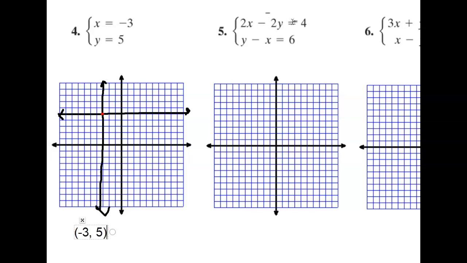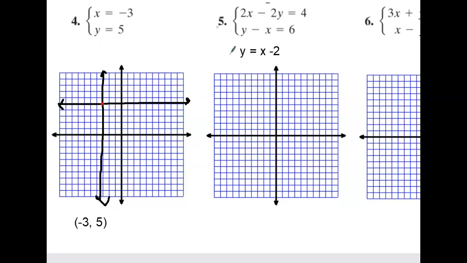In number 5, we solve for y in the top equation. And you get y equals negative 2x divided by negative 2, so you get positive x. 4 divided by negative 2 is negative 2.